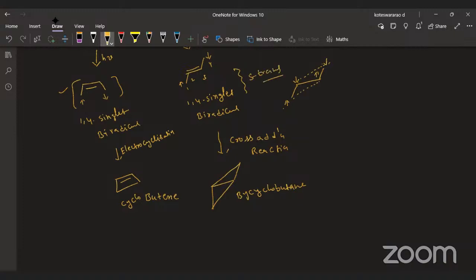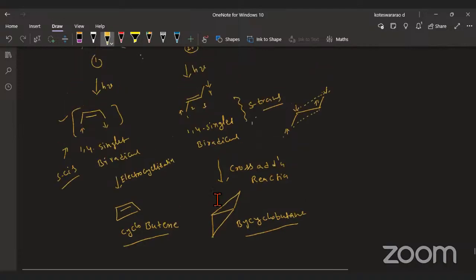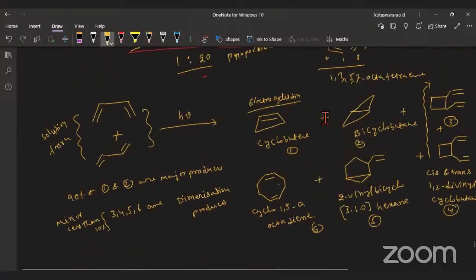This product formation is responsible by the S-cis, and this product is responsible for the formation of cyclobutene. This product formation is responsible by the S-trans precursor. Therefore, the formation of these two products and that mechanism are explained.